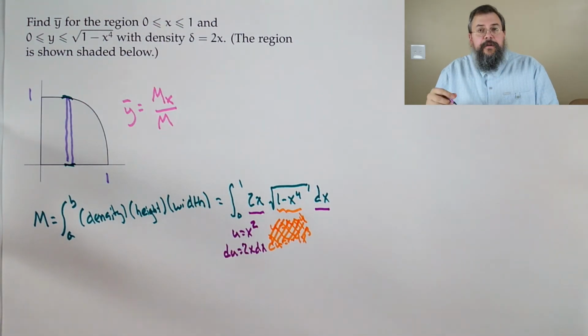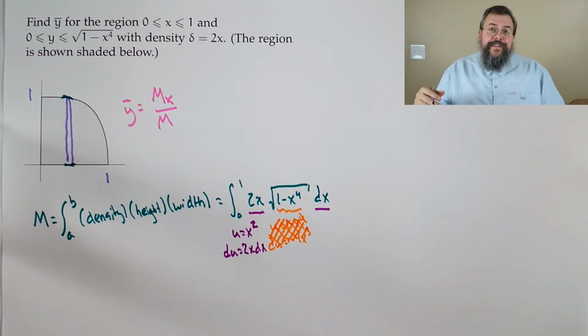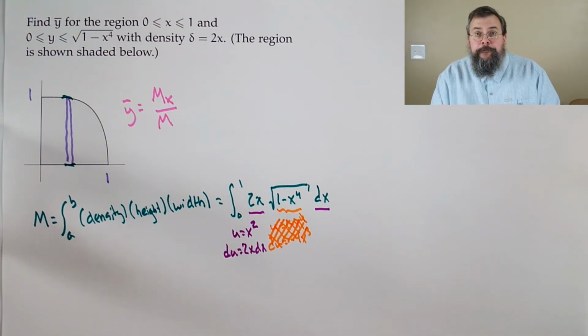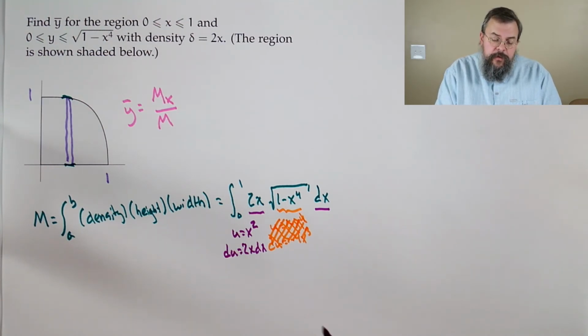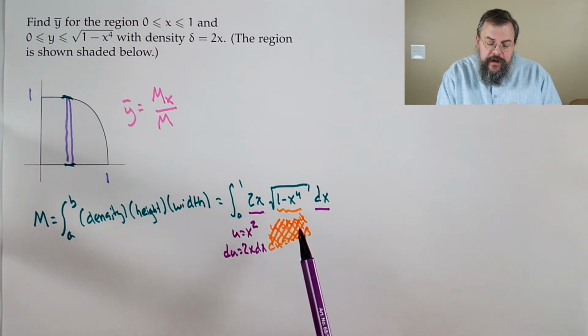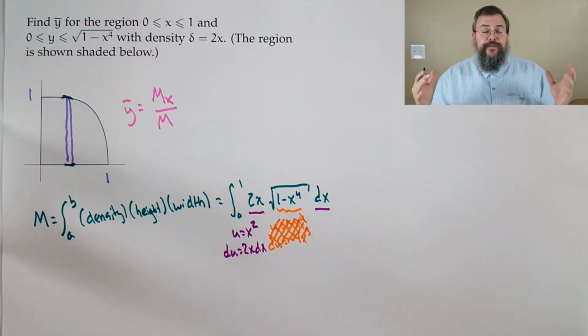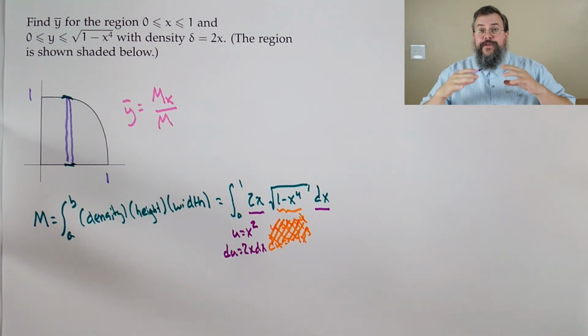Of course, if we set u equal to x squared, we have to ask, does that make sense in terms of the problem we have? Well, we have to really look into this part and say, can we do anything with x to the fourth in terms of x squared? Well, x squared squared is x to the fourth.